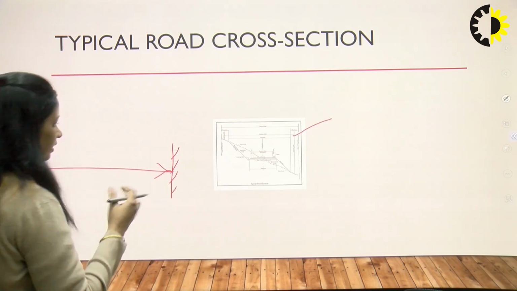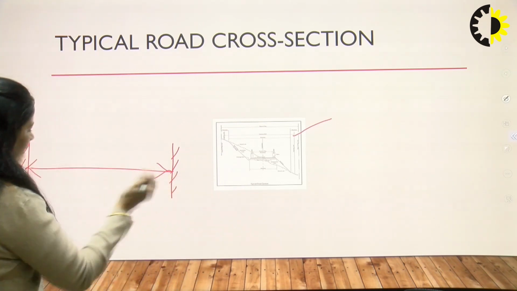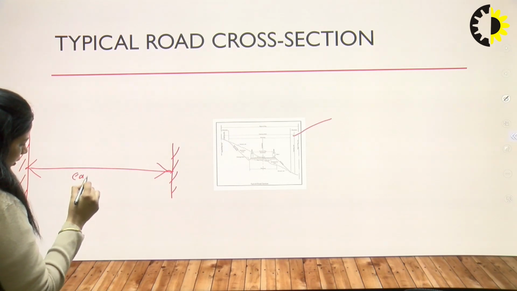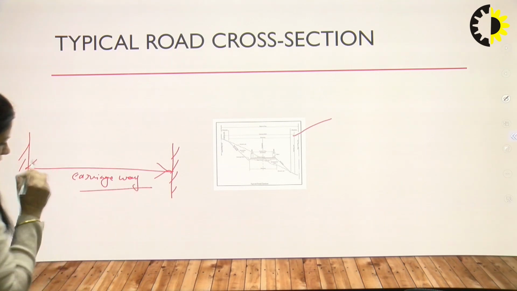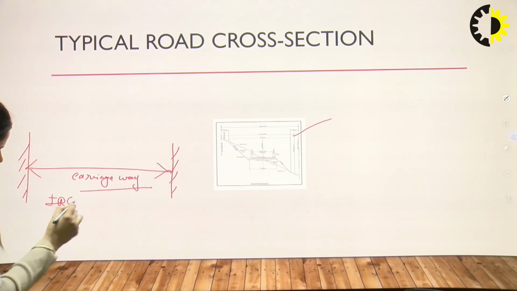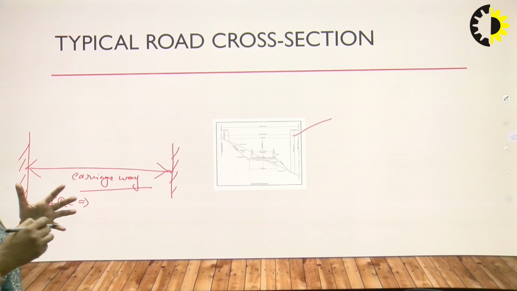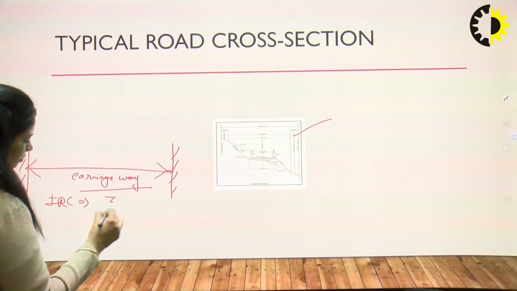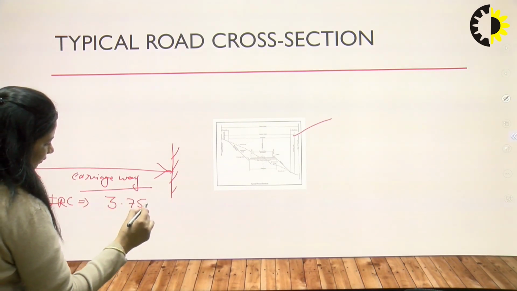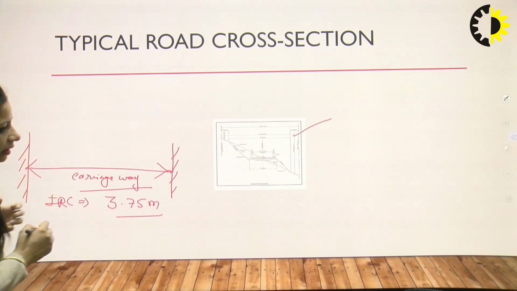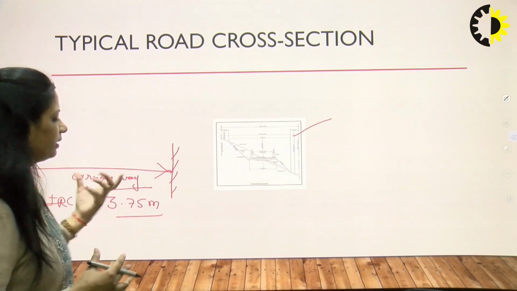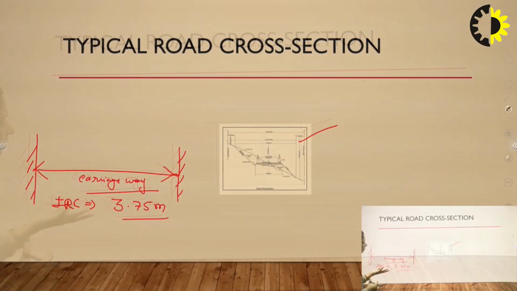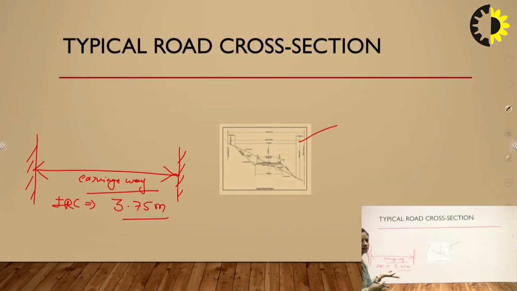Here, let us suppose this is your carriageway. Usually, as IRC suggests, the width of a carriageway for a single lane should be 3.75 meters. We are talking about a single lane carriageway, or single lane road, so IRC suggests the width should be 3.75.